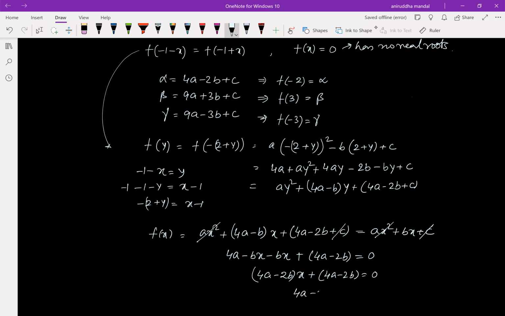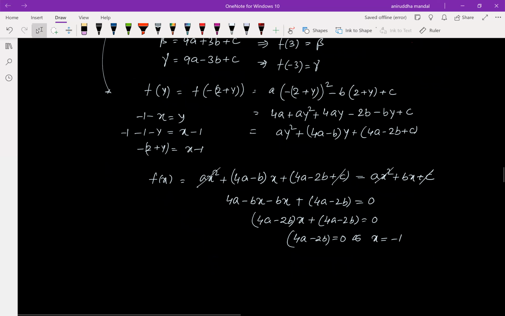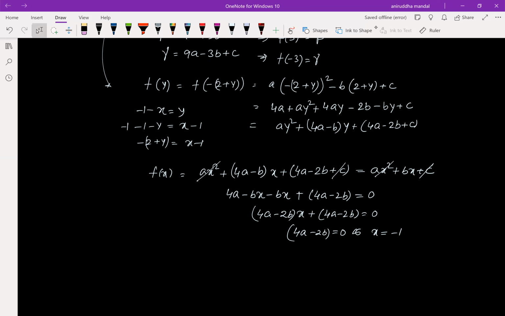So you'll get 4a minus 2b equal to 0 or x equal to minus 1. Okay. So we'll get 4a as 2b, so b equal to 2a. We'll get a relation between a and b.